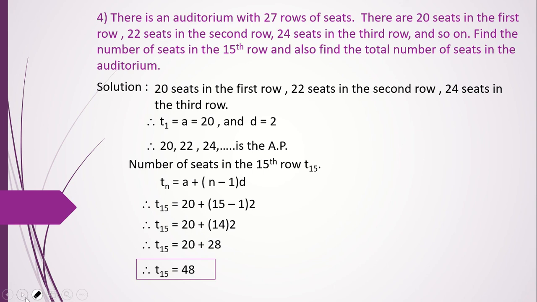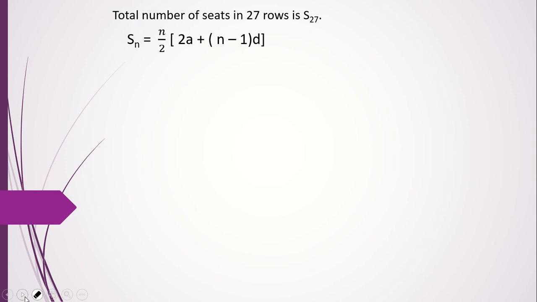Okay. And then now find out by the Sn formula how many seats there are in the auditorium altogether. Okay, total number of seats in 27 rows is S27. Right. So we will use the Sn formula and we will get it. Just substitute n as 27. In 27 rows, how many seats are there? 2 into 20, n minus 1, 27 minus 1 into 2.